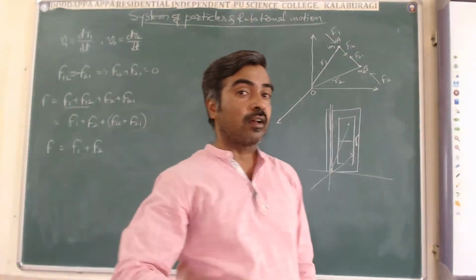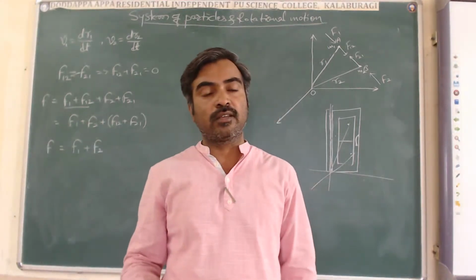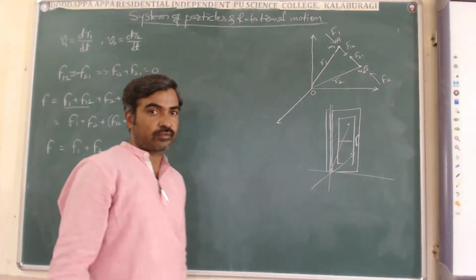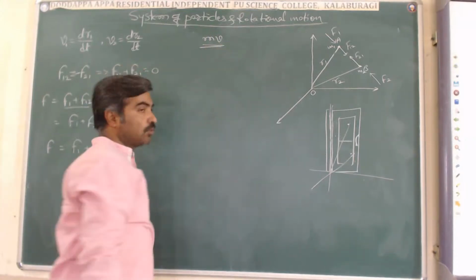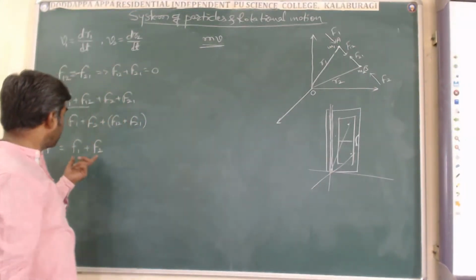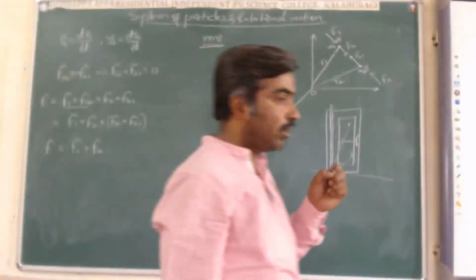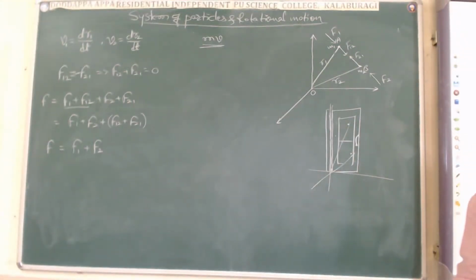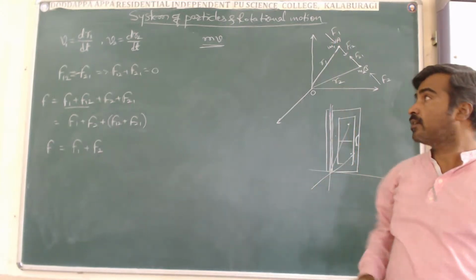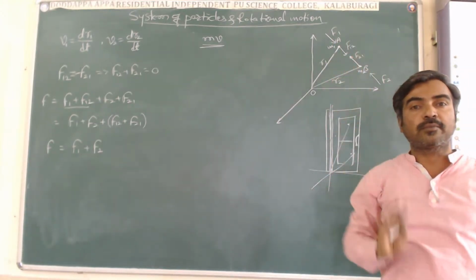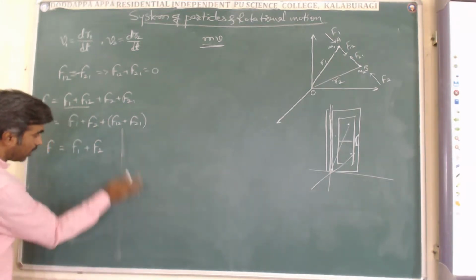According to Newton's second law, the rate of change of momentum is directly proportional to the applied force. Linear momentum we usually write as mass into velocity.